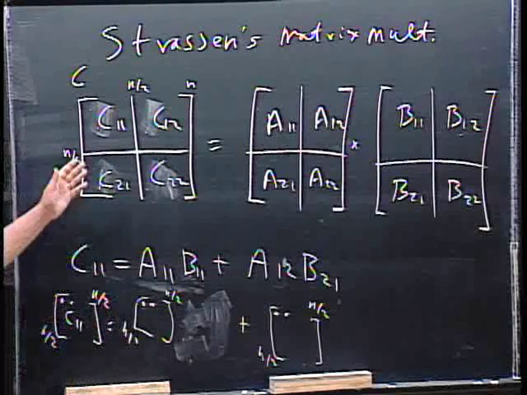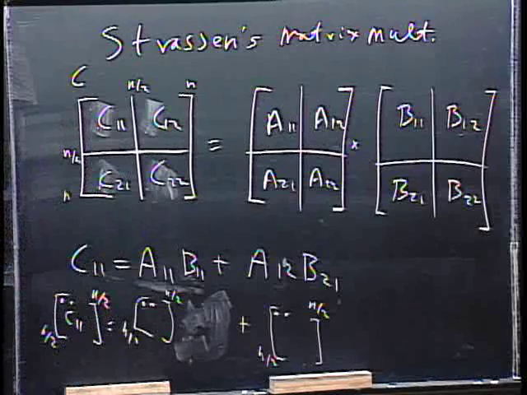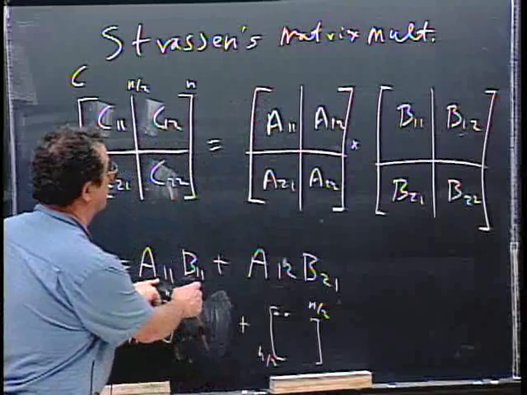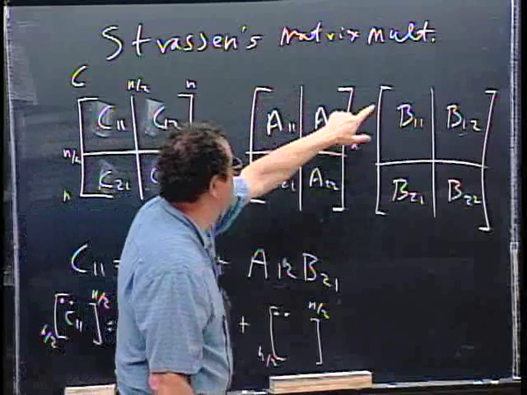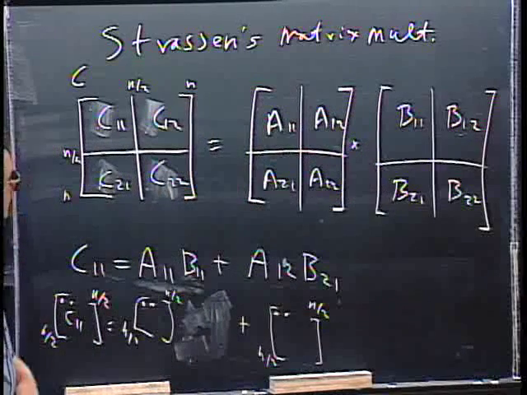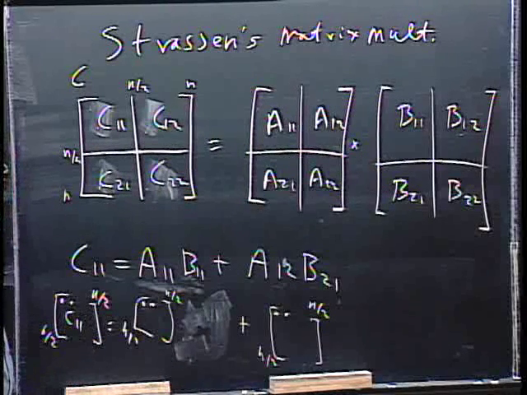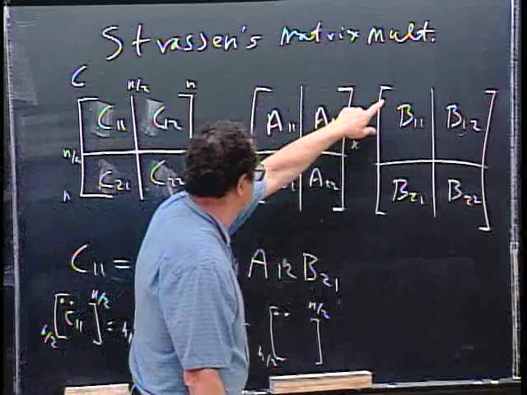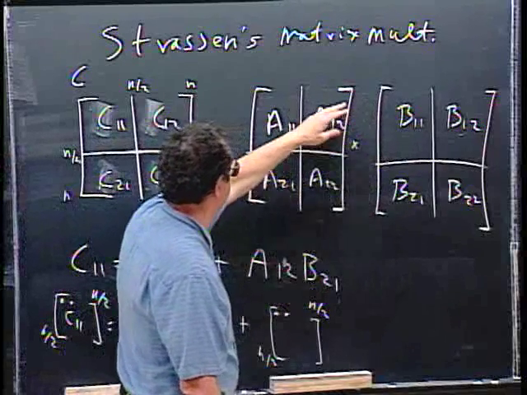Now you have to kind of convince yourself that the correct thing is happening here. When I do this matrix multiplication, it's these elements times these elements, and those are then added up and so on, and then these elements times these elements, and those are added up, and then those 2 are added.